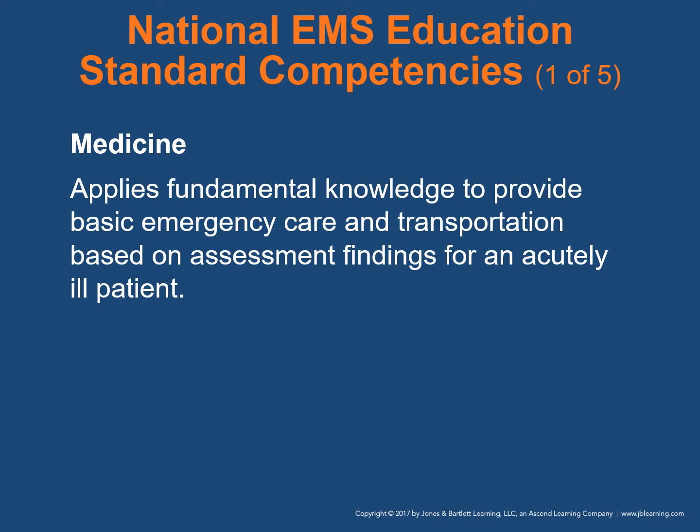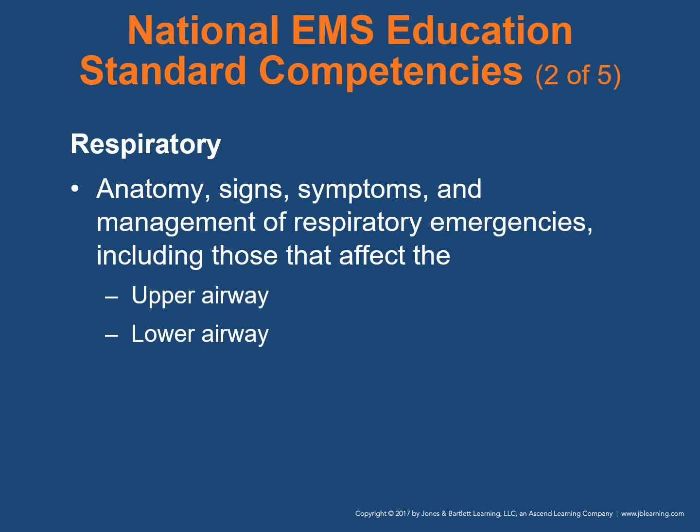Okay, so the purpose of this chapter is to basically give you basic information on respiratory emergencies, on how to assess them, and how to treat them at a basic level. We are going to go over the anatomy of the upper airway and the lower airway.